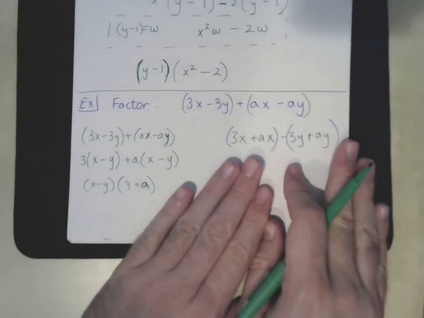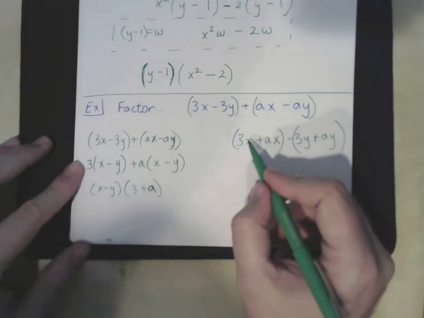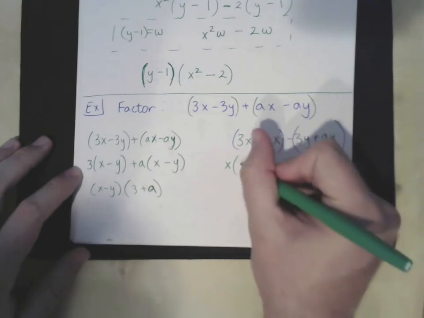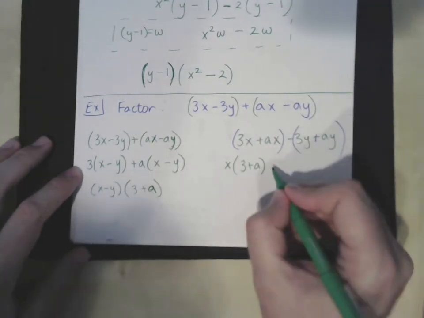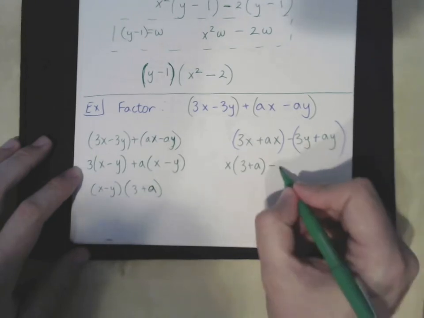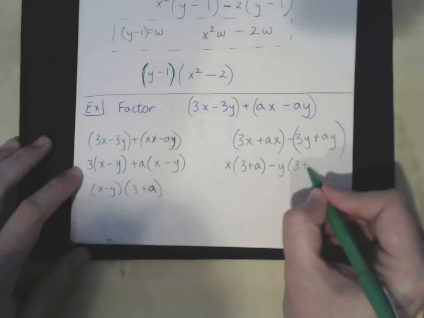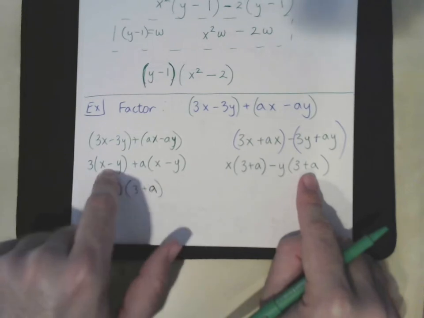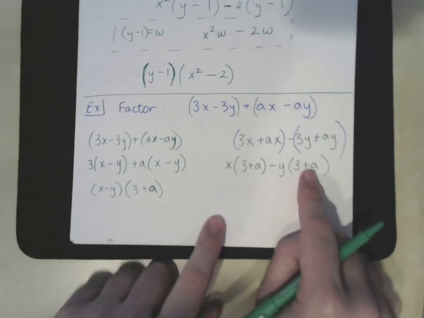And if we come over here to this version now, in this one, we're not factoring a 3 anymore. We're factoring the x. So we can pull the x out, and we get 3 plus a. Over here, minus stays, we can factor out the y, and we get the 3 plus a. And again, it's very different, but we have the same term here in our factorization, so we know we've done that right.